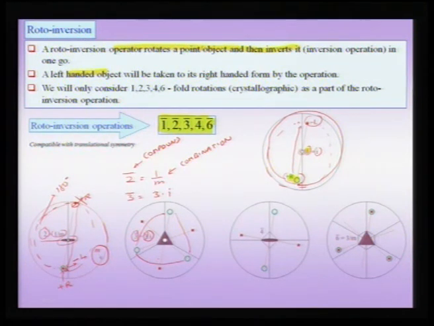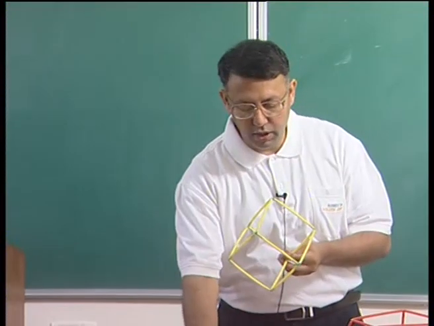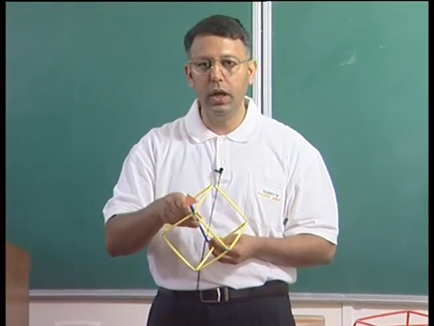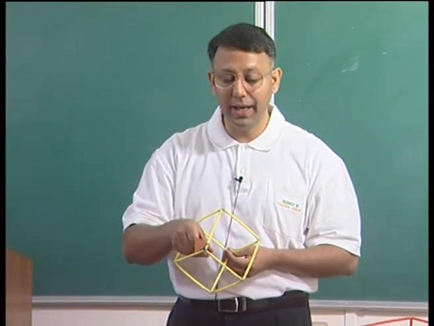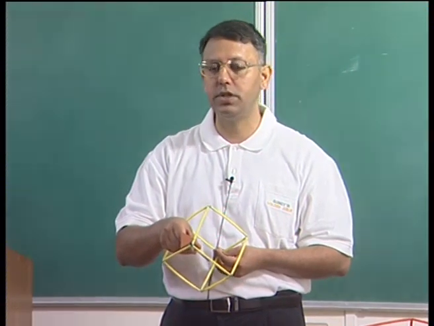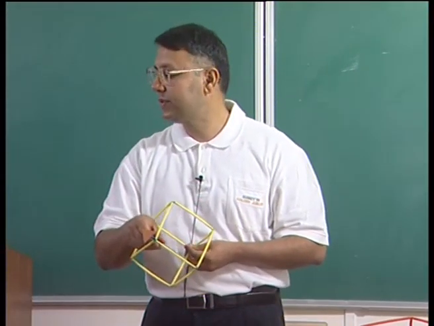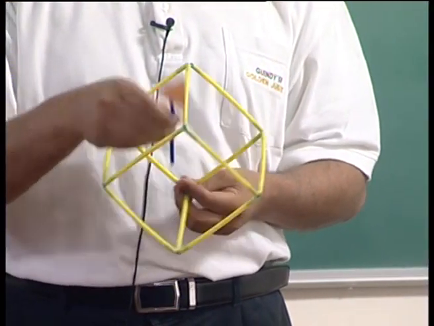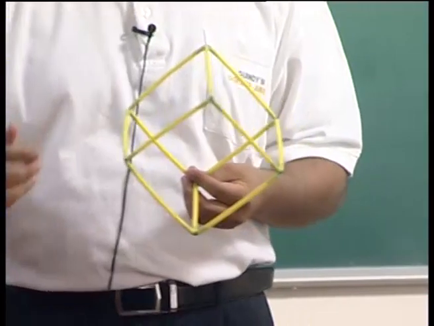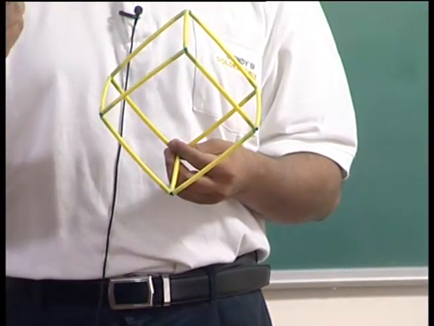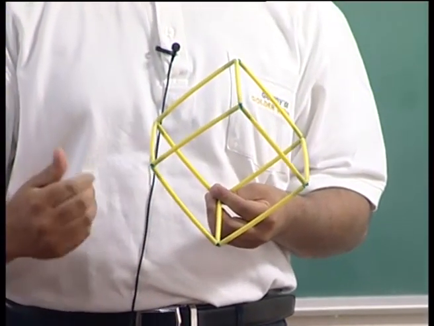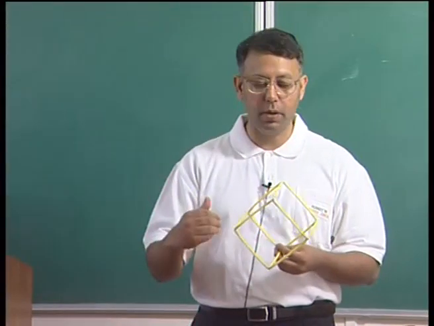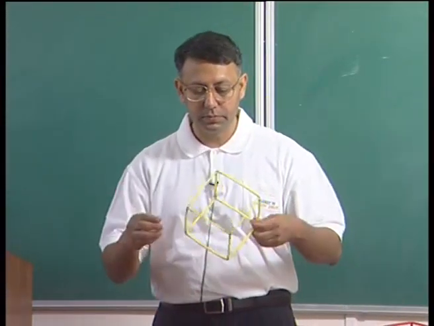I have a cube here, and originally I had pointed out that the body diagonal has a 3-fold symmetry, but actually it has a symmetry higher than the 3-fold, because a 3-fold symmetry generates only 3 points, while we have just now seen that the 3 bar rotoinversion symmetry generates 6 points. Therefore, the 3 bar operator is of higher order as compared to the 3-fold rotation axis.